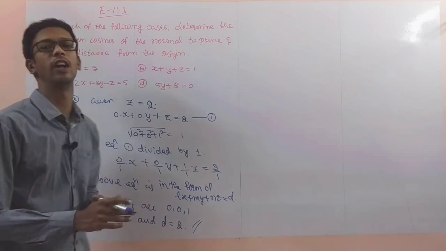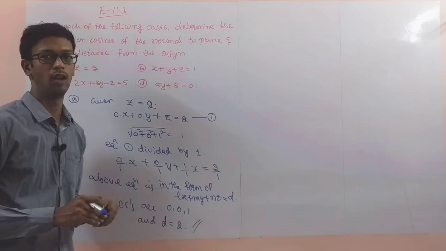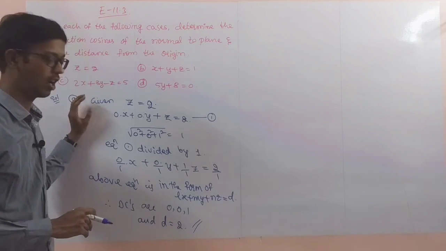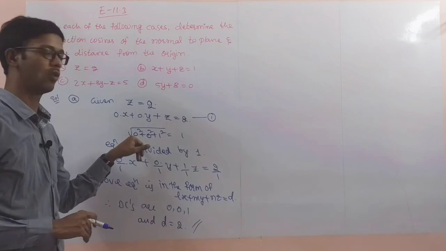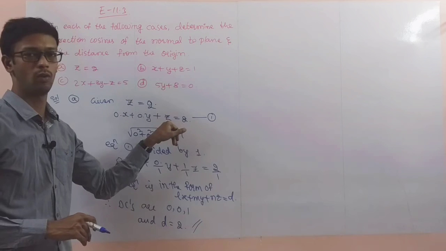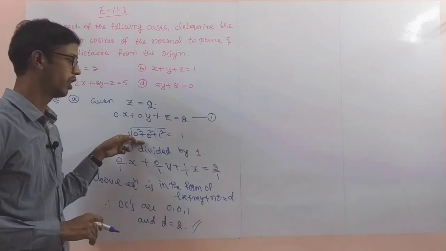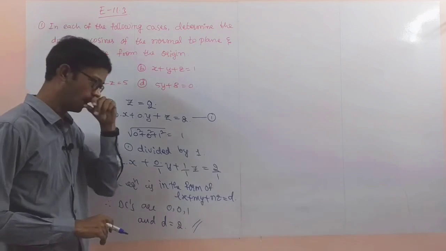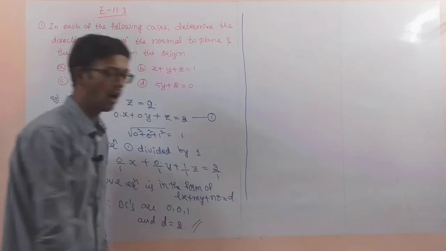This is the way of finding the direction cosines and distance from the origin. First of all, convert the given equation into normal equation. For that purpose, take the square root of the sum of coefficient squares. Why? Because these are the direction ratios, and we have to convert them into direction cosines first. Next, we'll see one more problem, and then you will get the clarity.